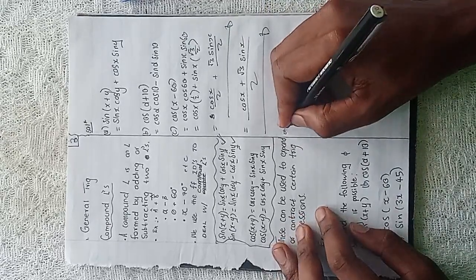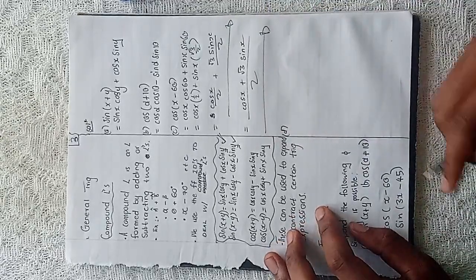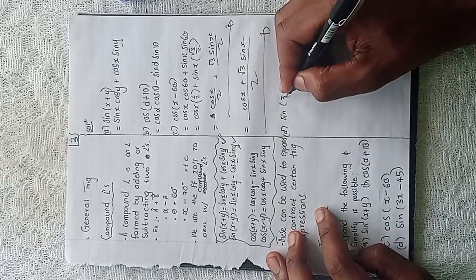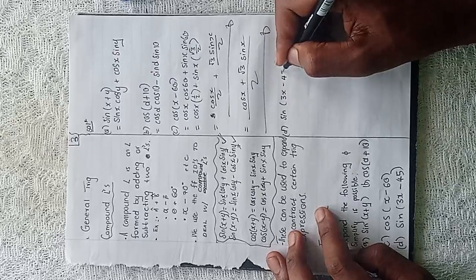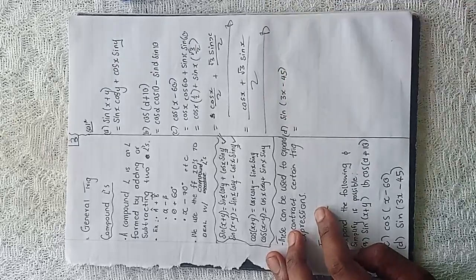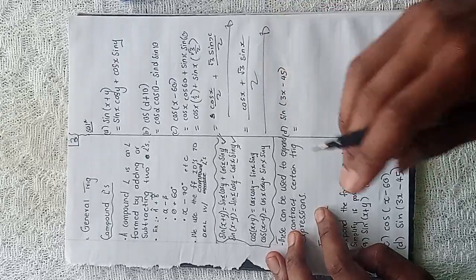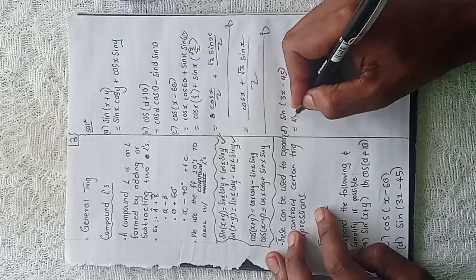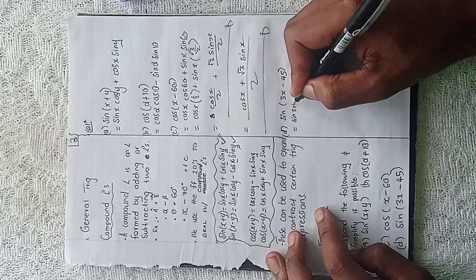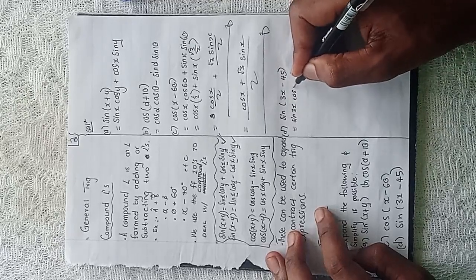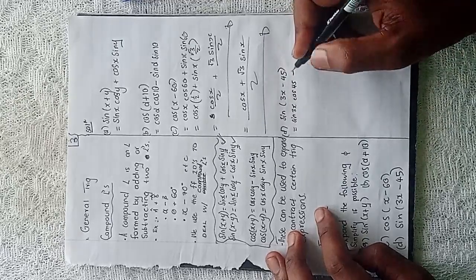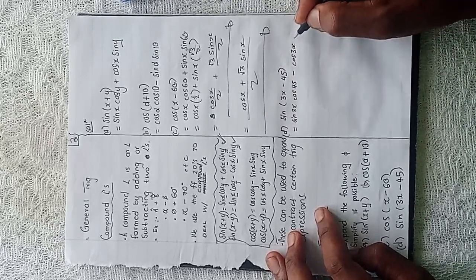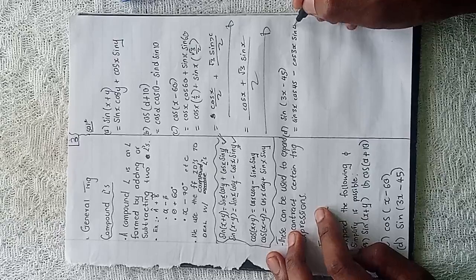Then D, I have sine of 3x minus 45. I can expand this. I know it's sine, cos, cos, sine, so it's sine 3x cos 45 minus cos 3x sine 45.